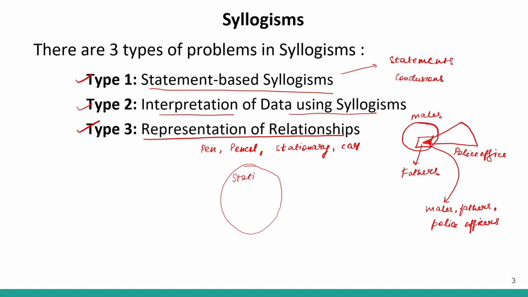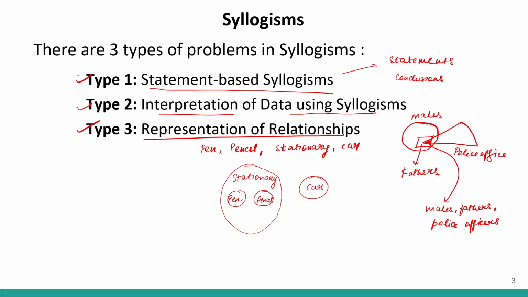Under stationery, we can have different types of stationery. We can have pens, pencils, notebooks, erasers, sharpeners, all that. So pen and pencil will come in stationery, and car is altogether a separate entity. It is a different object. So using this Venn diagram, I will reflect the relationship between stationery, pen, pencil and car. So this was type 3, representation of relationships. We discussed this in the previous lecture.